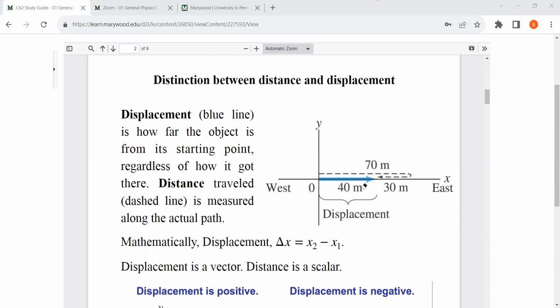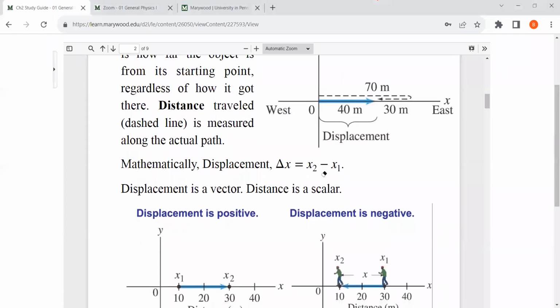Many students get confused between distance and displacement, but remember that they are two different quantities. Distance is the total distance someone covered, or some object traveled. On the other hand, displacement is the change in position, and that is final position minus initial position.